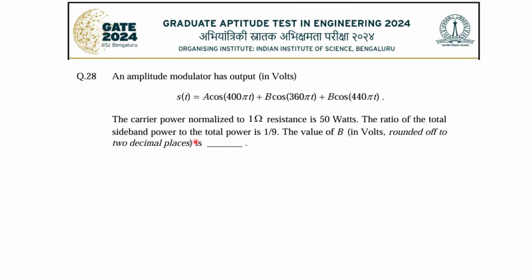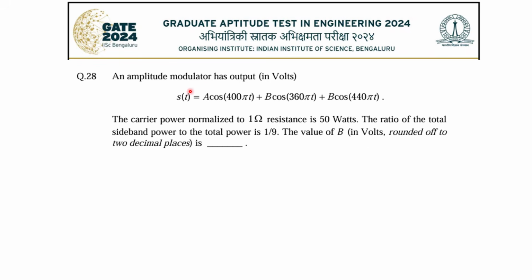The carrier power normalized to a 1 ohm resistor is 50 watts. The ratio of the total sideband power to the total power is 1 by 9. The value of B in volts is equal to how much?